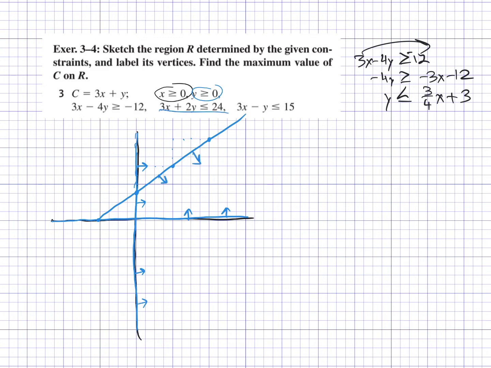Next one, we're going to do 3x plus 2y less than or equal to 24. So again, do all of these things. Subtract 3x, negative 3x plus 24, divide off the 2, and we get y is less than or equal to negative 3/2 x plus 12. So this goes through at 12, which is going to be right there.